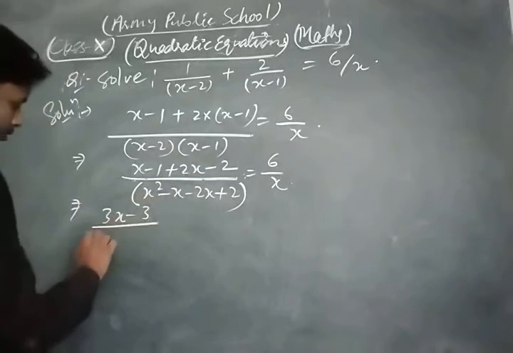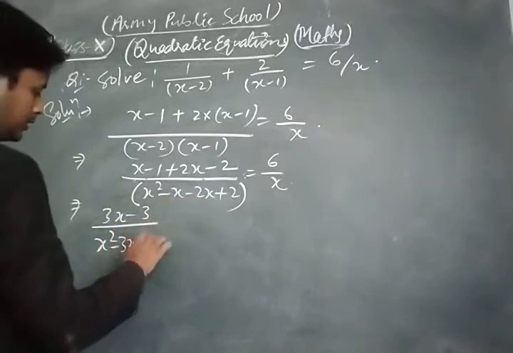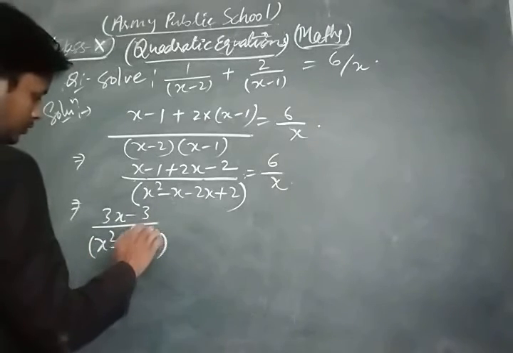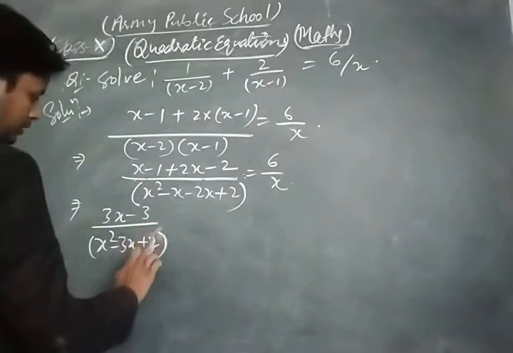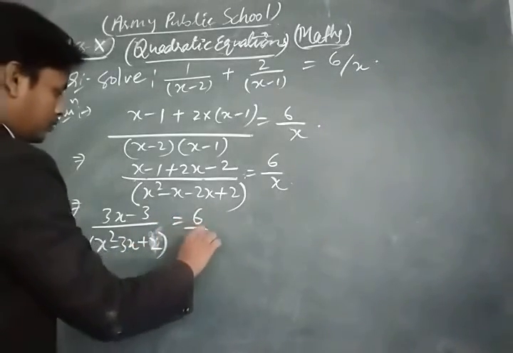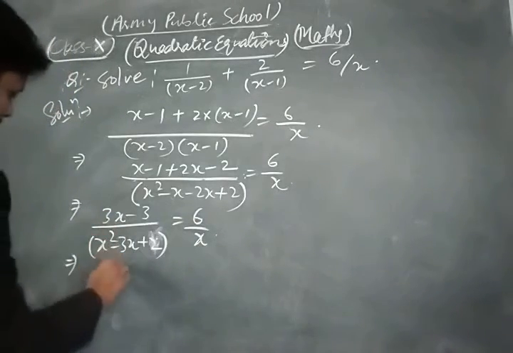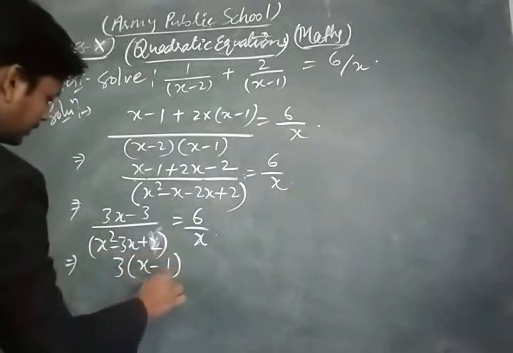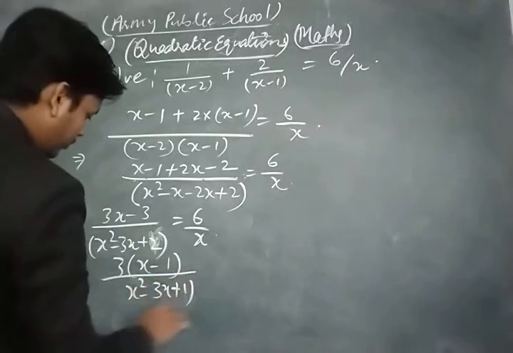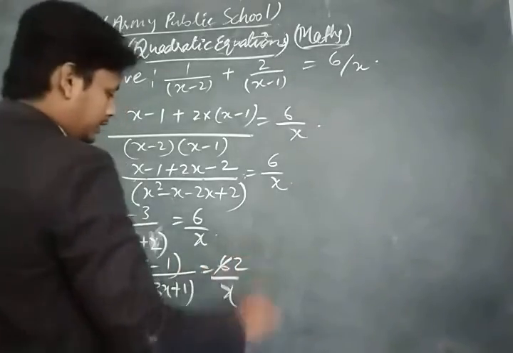So x square minus 3x plus 2 is equal to 6 by x. Now we take 3 as common from the numerator. So x minus 1 is left upon x square minus 3x plus 1 is equal to 6 upon x. So 3 2s are 6.